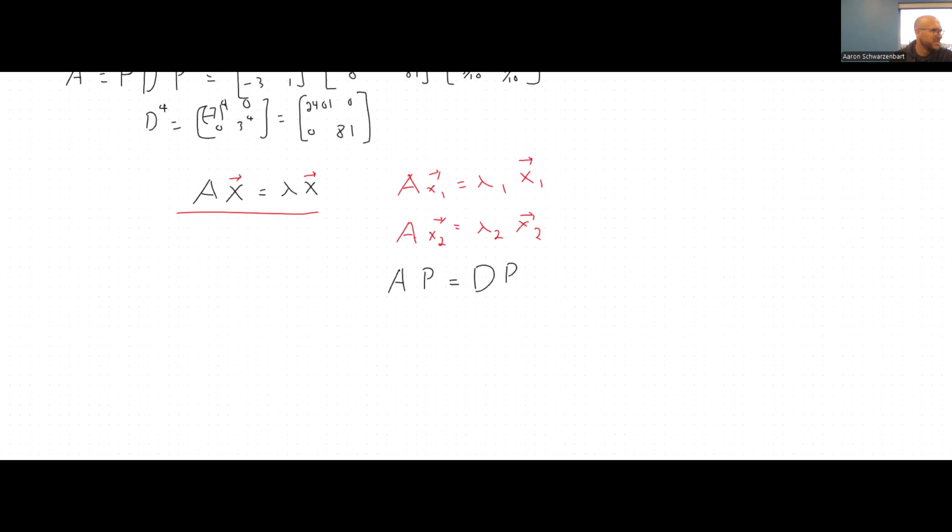Because it's a diagonal matrix, it's like an identity matrix, I can make that PD. It's not generally commutative, but a diagonalized matrix is, which is one of the reasons you want to get these.